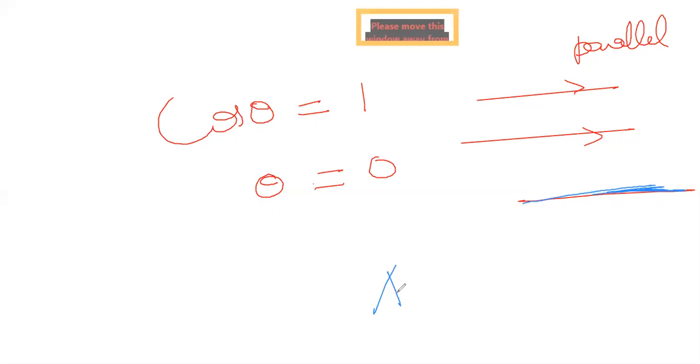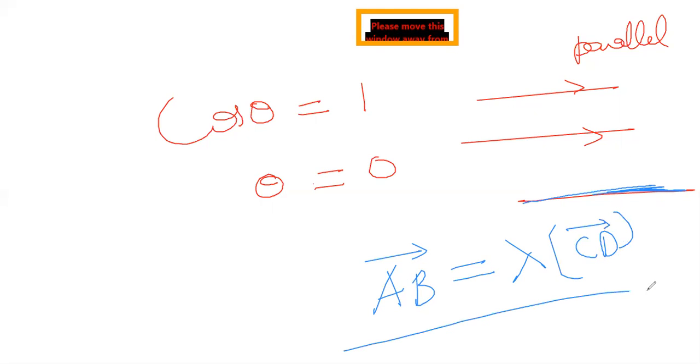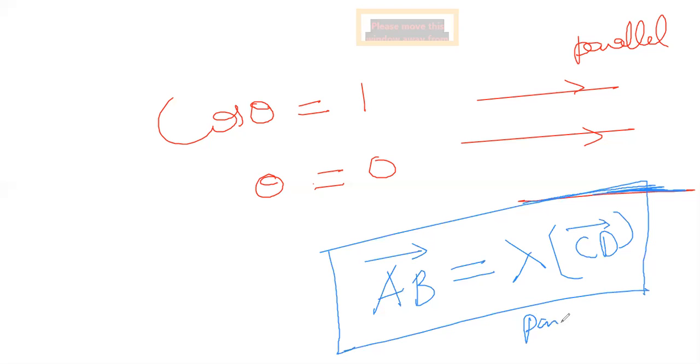Actually, there is a definition in your 10th standard. They taught you this. AB is equal to some lambda into CD. This is the definition they taught somewhere in 10th standard. They didn't say bar. They said line equation AB is equal to some lambda into line equation CD. Then the two lines are said to be parallel.